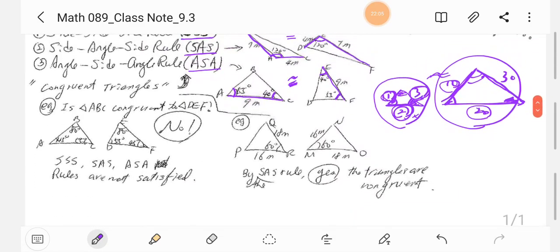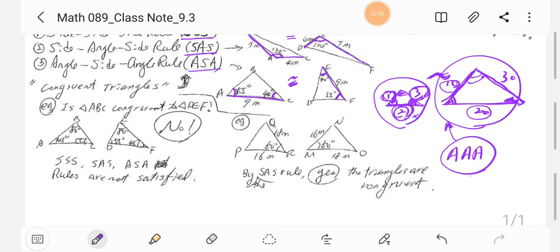Okay. How about AAA? Does this property make a congruent triangle? No. As you see these two triangles, these are similar, right? Similar. Three angles are the same. Three corresponding angles are the same, but this is not congruent. One is small, one is larger.